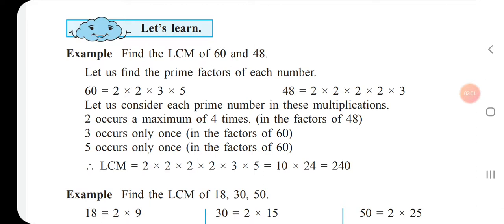So while calculating LCM, we are not finding the common multiples or the common factors. We are taking all the factors included in both the numbers or 3 numbers. So here LCM will be 2 into 2 into 2 into 2 into 3 into 5, which is equal to 240. So their LCM will be 240.